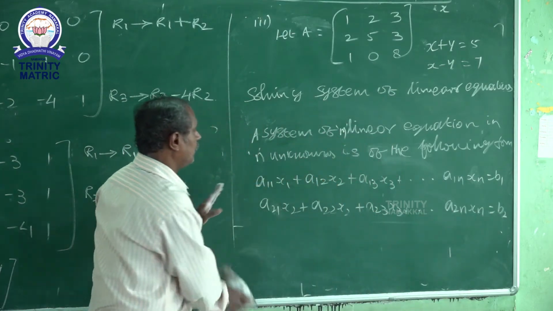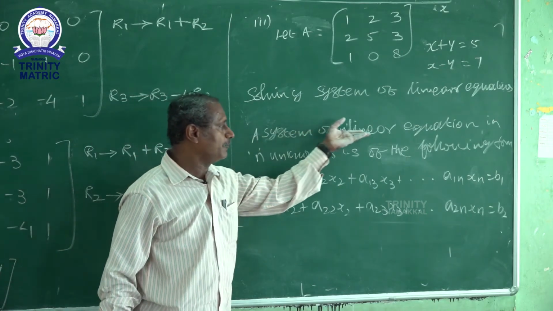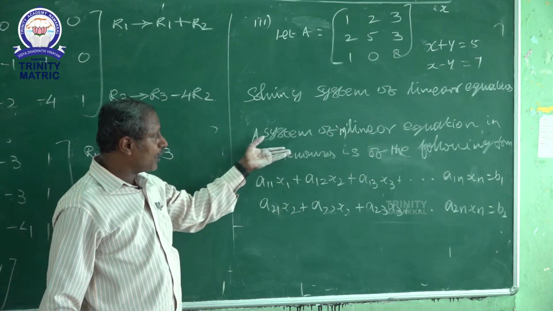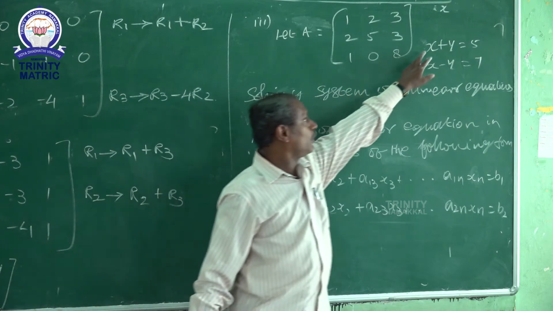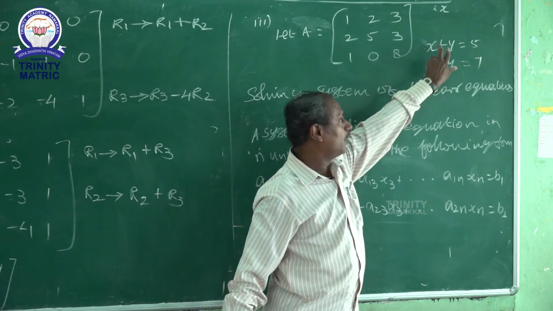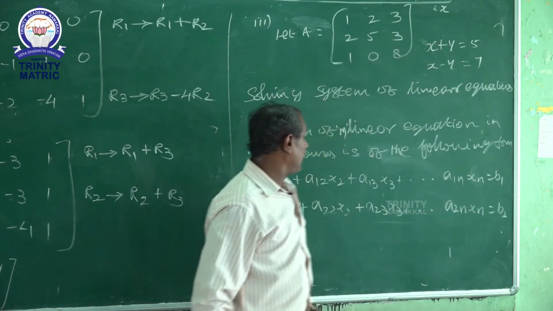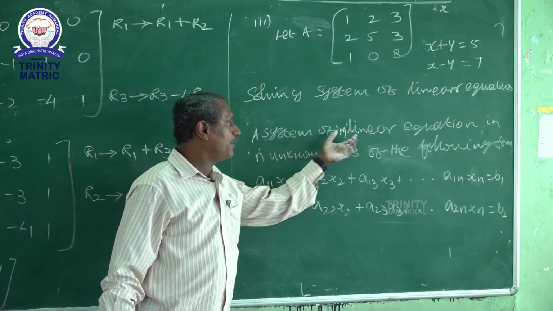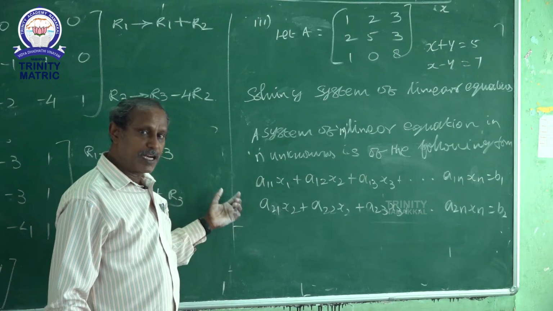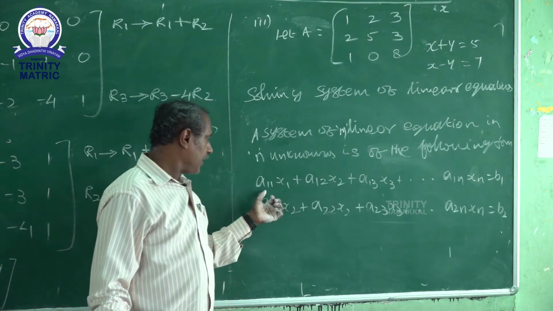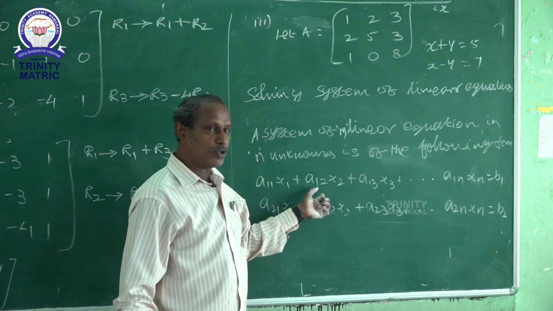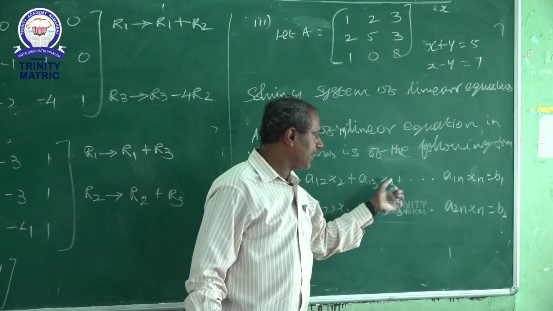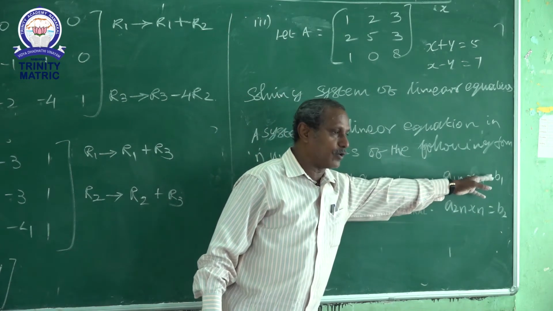Then the system of linear equations with n unknowns, because here x and y are unknowns, you know that the value is unknown. Before that, suppose we have some values called coefficients. A system of m linear equations with n unknowns is of the following form: a11 x1 plus a12 x2 plus a13 x3 plus dot dot a1n xn equal to b1.